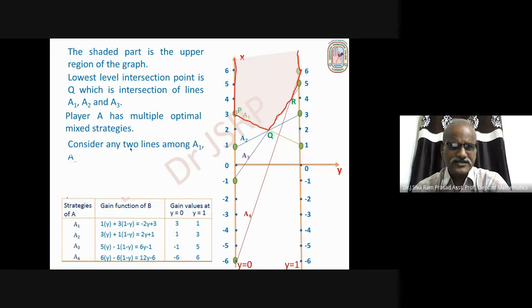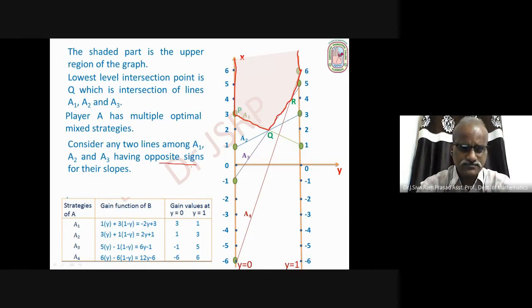Consider any 2 lines among A1, A2, A3 having opposite signs for their slopes. Opposite signs for the slopes means opposite directions of the lines: one line in downward and one in upward direction. Observe that line A1 is downward and A2 is upward, so we can consider A1 and A2 as one combination.